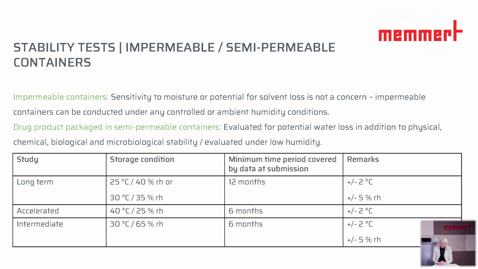Alternatively, starting at higher humidity is possible, deriving the water loss at the reference relative humidity through calculation. Here accelerated testing is also mentioned, that is 40 degrees 25%, or also intermediate testing in case accelerated testing fails.